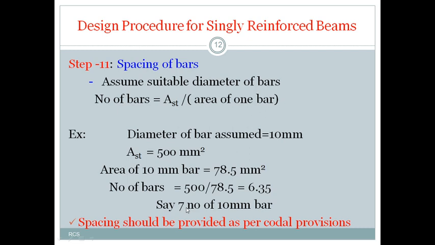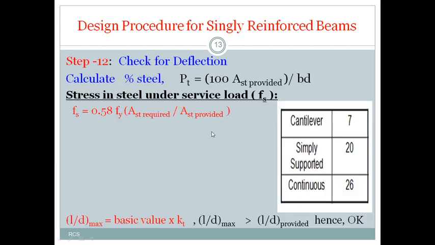If I calculate AST with respect to these 7 bars of 10 mm diameter, I will get an area more than this, say 550 mm square or 560 mm square. That is the area we are actually providing, 7 bars instead of the 6.35 required. So the area calculated with respect to these 7 bars is called AST provided, and the area calculated with respect to the actual 6.35 bars is called the area required. So here we substitute AST provided into 100 by BD.